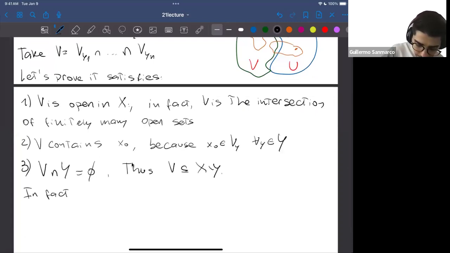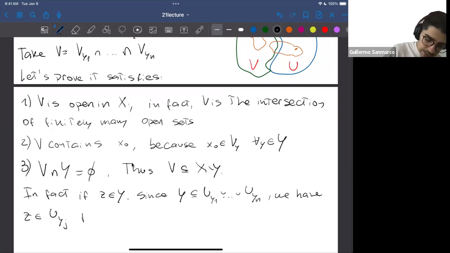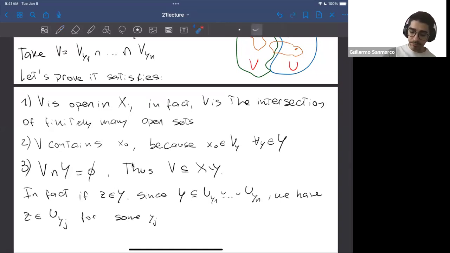If we take, let's say, z in Y, we need to prove z cannot live in V. So since Y is inside the union of the U_y's, we actually have that z lives in some U_{y_j} for some j. So one of these here.